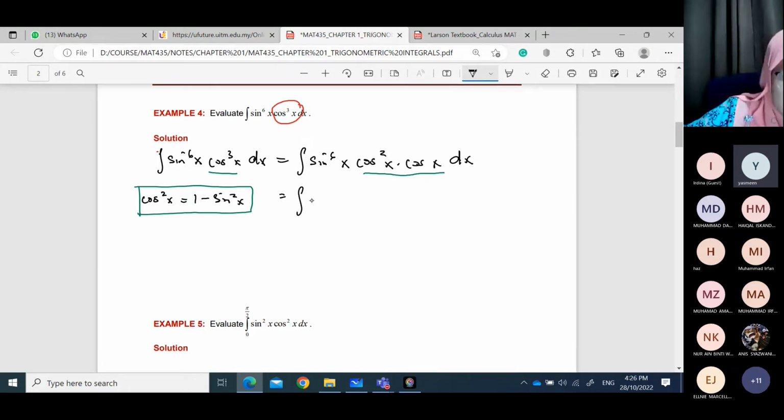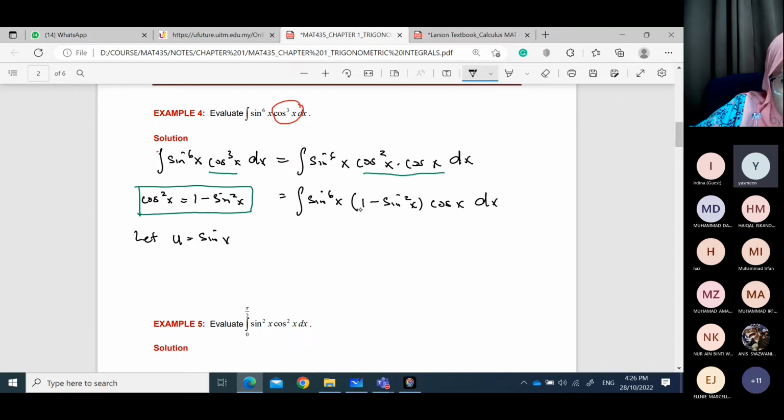Okay, so kita akan dapat sine to the power of 6x, so times 1 minus sine square x, so times cosine x dx.